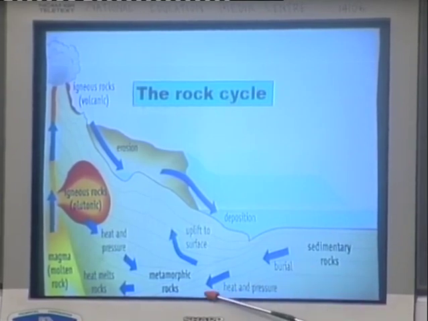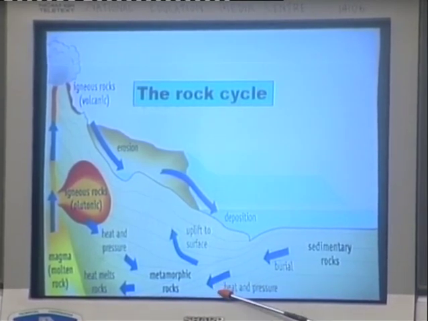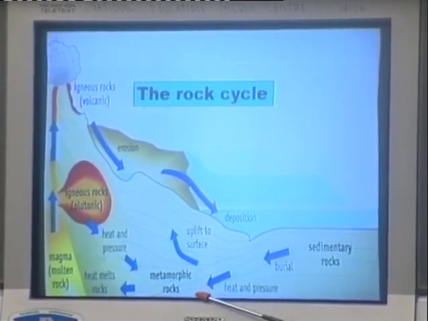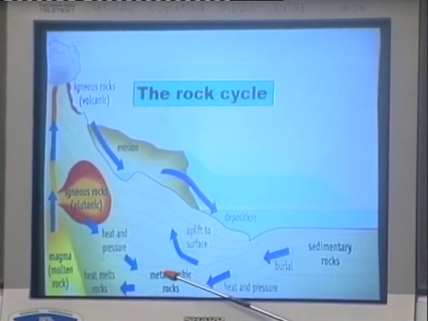And when there is heat and pressure, so much heat and pressure causes changes in the existing rocks, which are the sedimentary rocks, that become metamorphic rocks. And the cycle continues.